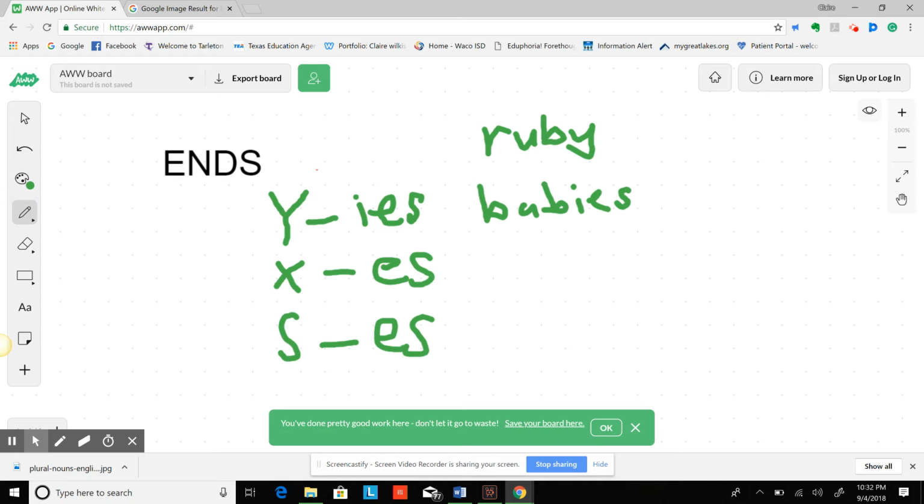If I wanted to talk about more than one ruby, those are like the jewels, right? I had rubies in a box. Shiny rubies. So then I would write R-U-B, drop the Y, add I-E-S. Get it? So if any noun ends with Y, we're going to drop the Y and add IES.